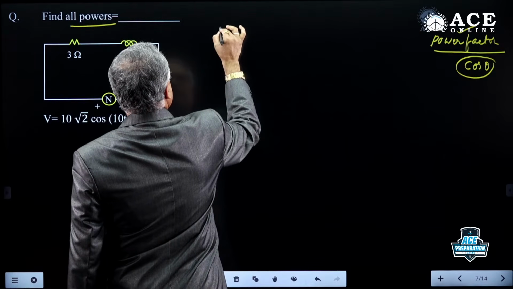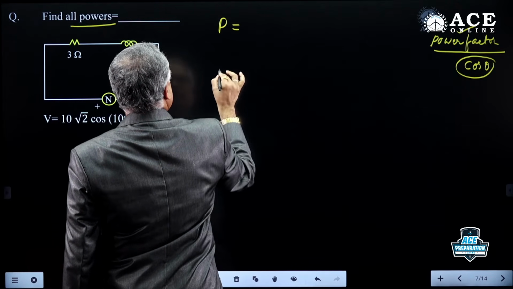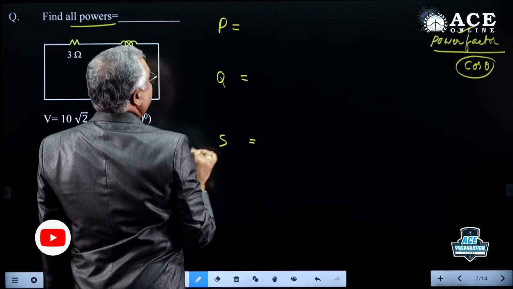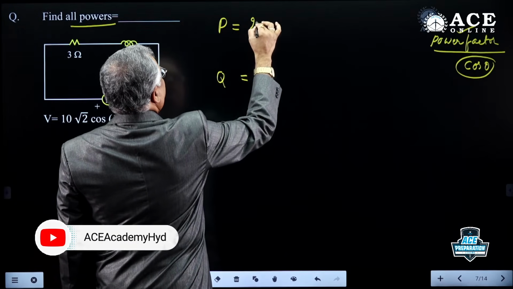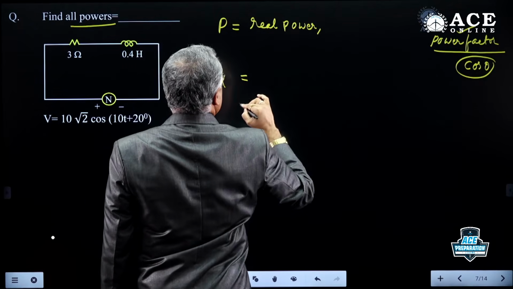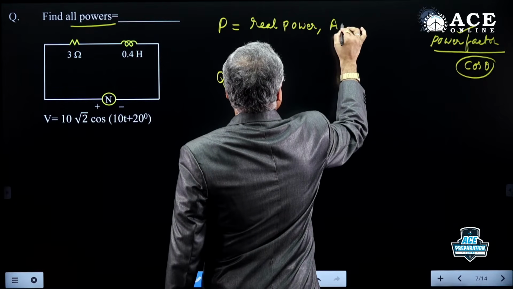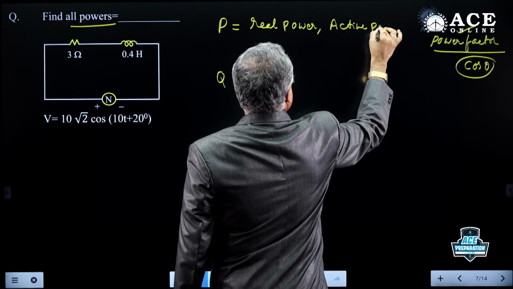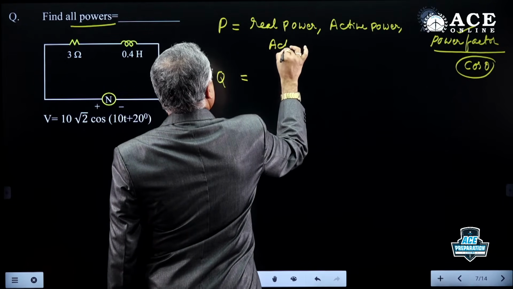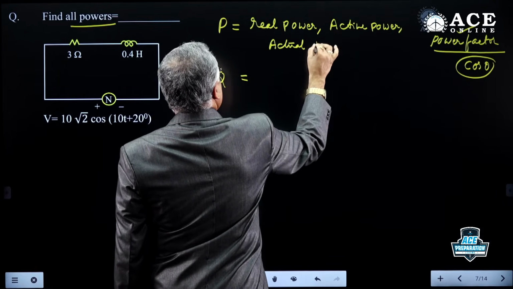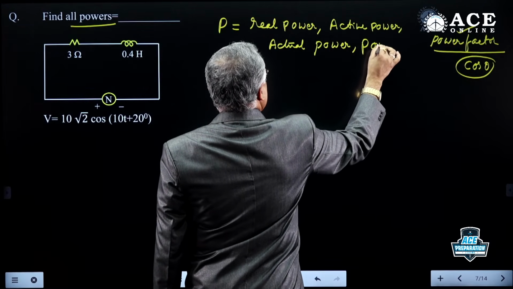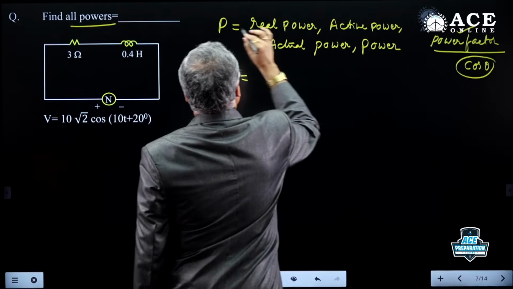These are the three different powers: one is P, another one is Q, then S. The different names for P are the real power, active power, actual power, only power. If they ask to find power, you have to find only P.